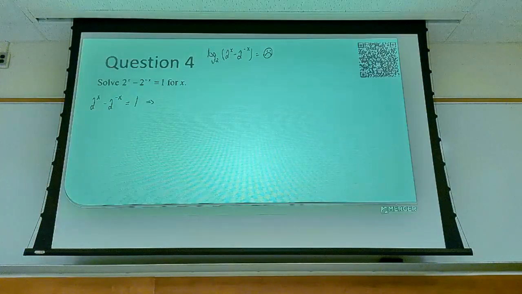Factor out the smallest power. x versus negative x, which is smaller? Negative x. It would actually depend on x, but we're going to say negative x.